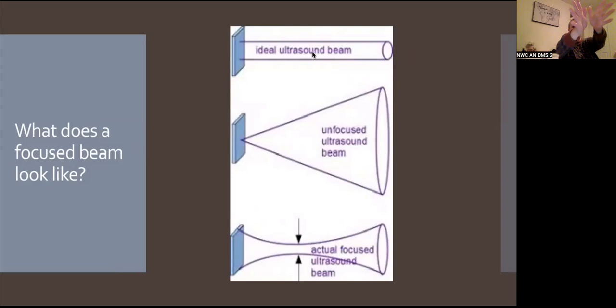Reach your hands out in front of you and grab the focus. See how my hands are far away, because I'm the transducer and the sound wave is coming out of me. I'm reaching my hands out in front of me and grabbing the focus. And remember the focus is small, it's already small, but when I grab it, I'm making it even smaller.